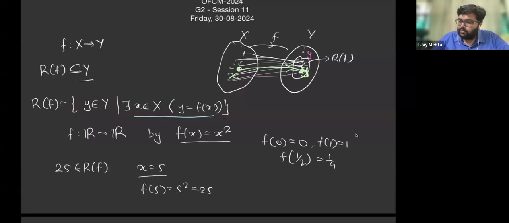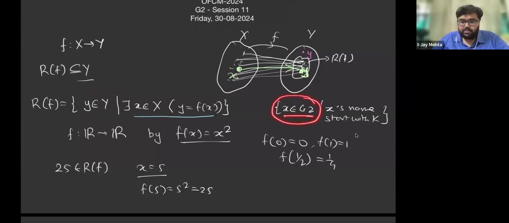If I say a subset of G2, how do you write it? x belongs to G2 such that x name starts with K. Then Kaivalya is there, Kundan is there. This means we are considering all elements, but only those are allowed for which this property is satisfied.